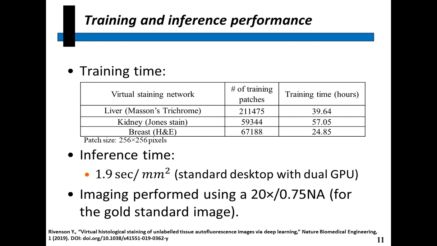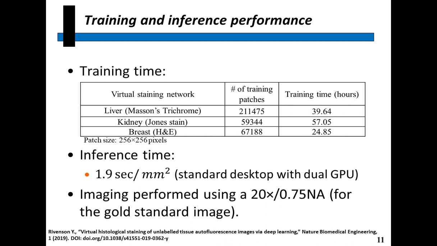In terms of training time, it varies, again, depending on the number of data samples that we've had. Some of it went all the way to 2 days. But again, it was trained on standard desktop machines, and obviously this is scalable with higher performance servers.